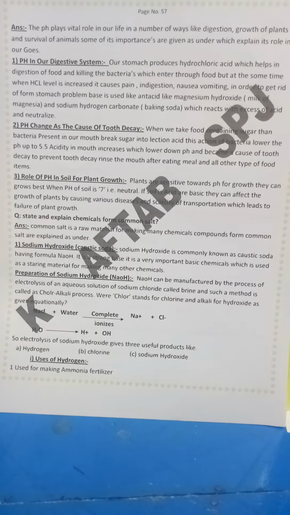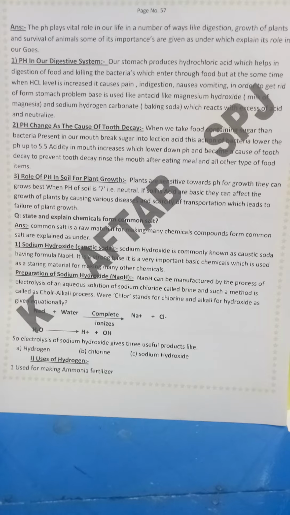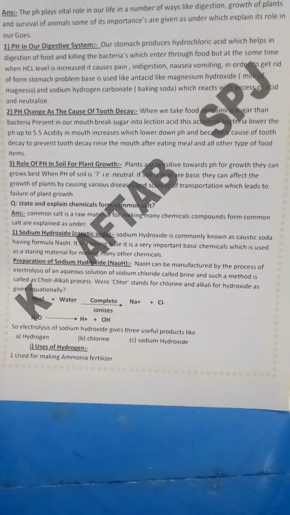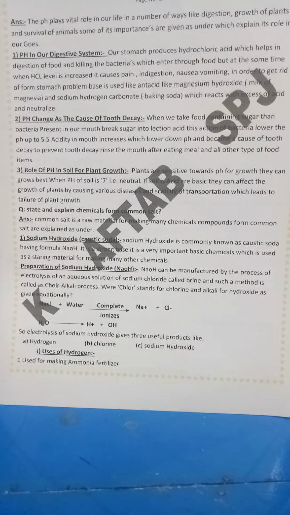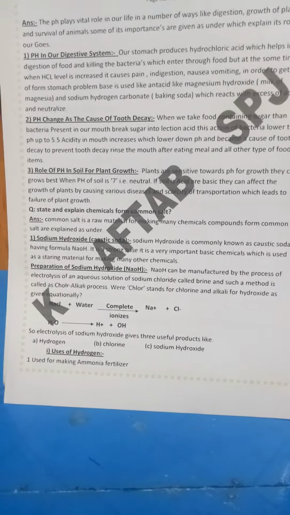Role of pH in soil for plant growth. Plants are sensitive to pH for growth. When we cultivate a crop, it normally needs the pH of the soil to be 7, or neutral.